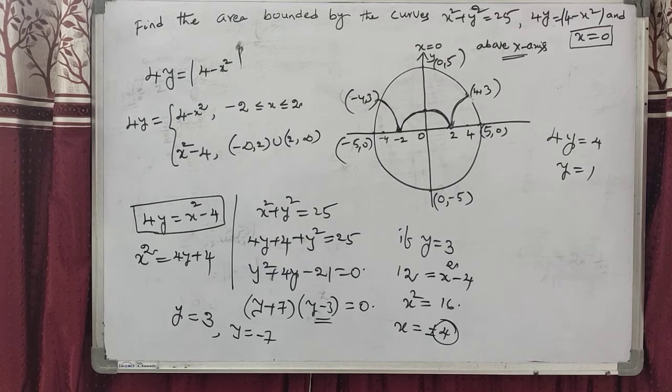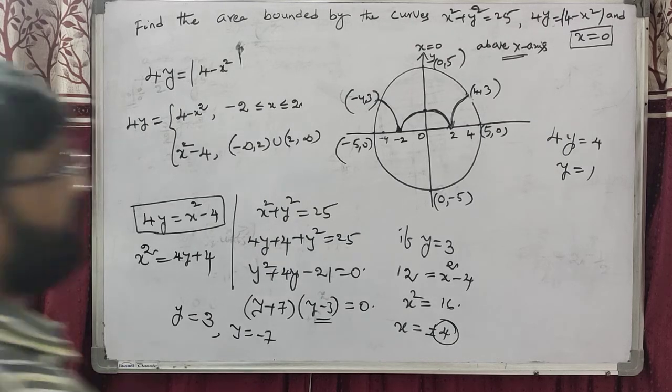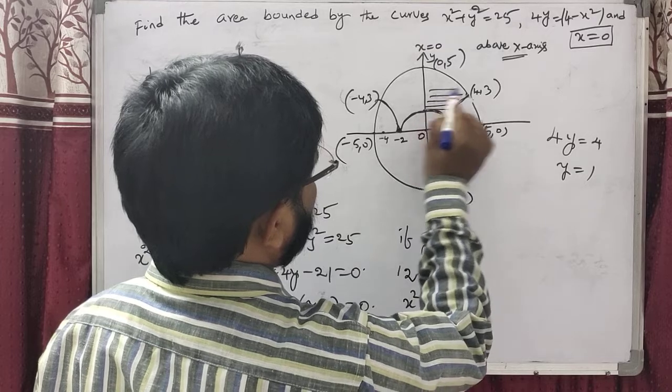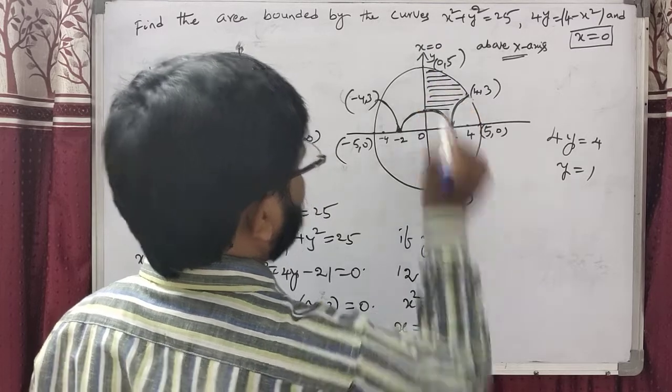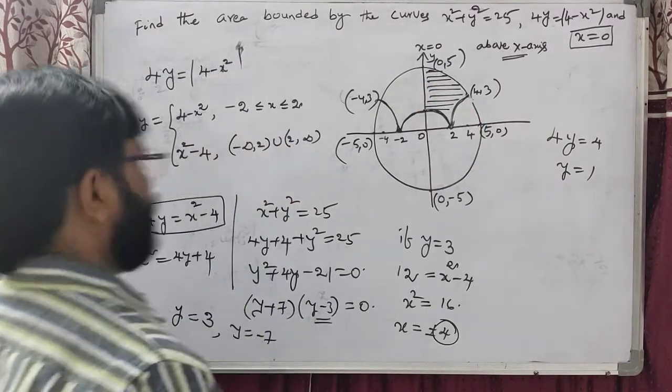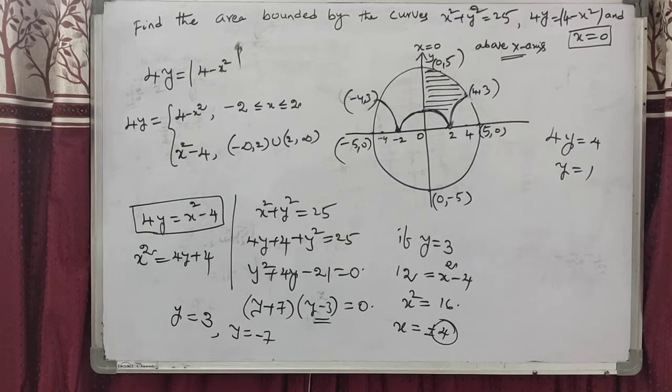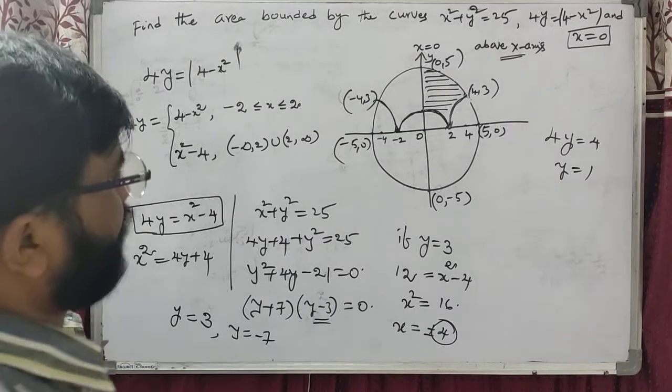Now, students, our required part is x equal to 0 and above the x-axis, where we have to find the area. The required area is bounded by the line x equal to 0 and the curve. First I find this area. Please look at it, students.